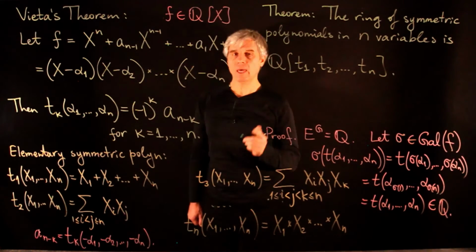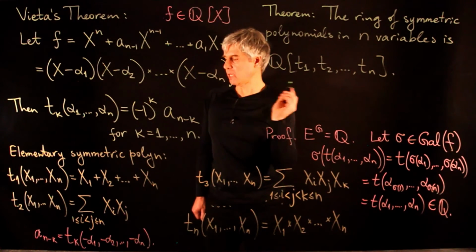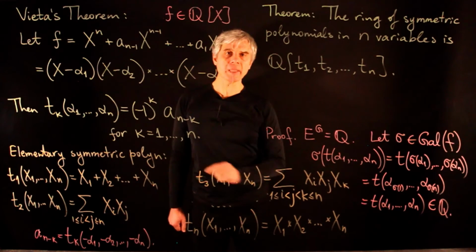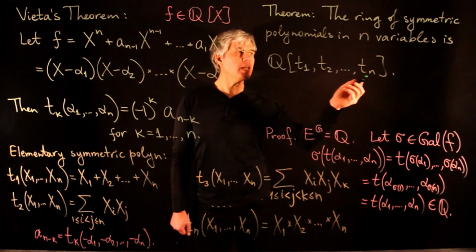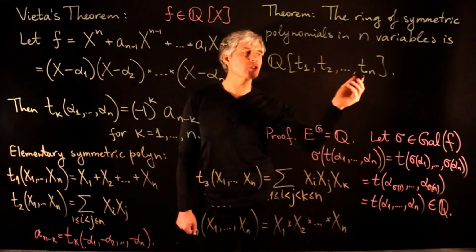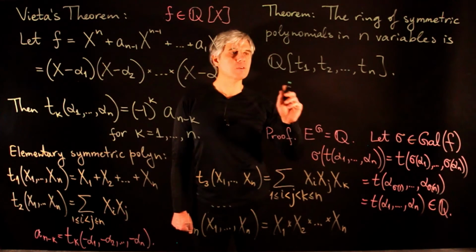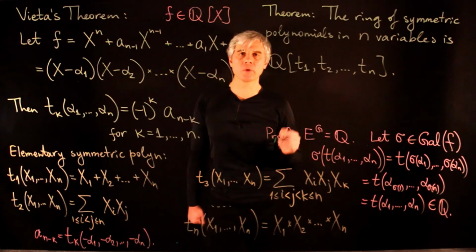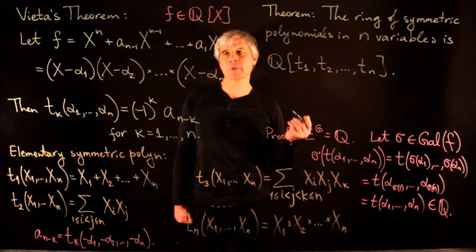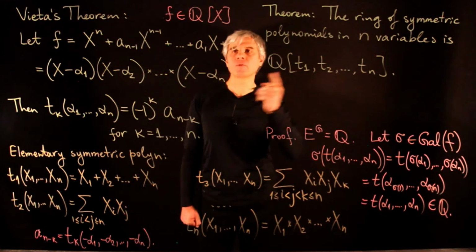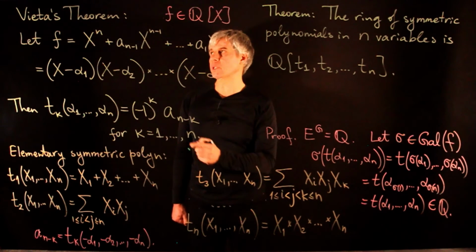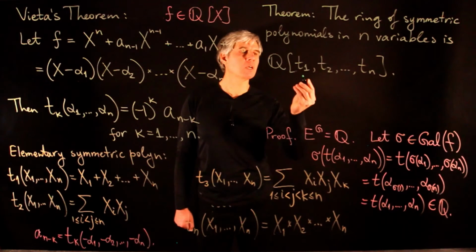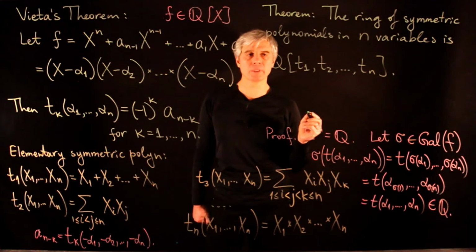That is, every symmetric polynomial may be expressed through elementary symmetric polynomials. And elementary symmetric polynomials are algebraically independent, so this means that there are no relations between them. This gives us an alternative proof of the fact that the value of a symmetric polynomial on the roots is a rational number, because this is true for elementary symmetric polynomials by Vieta's theorem, and then any symmetric polynomial may be expressed in terms of elementary symmetric polynomials.